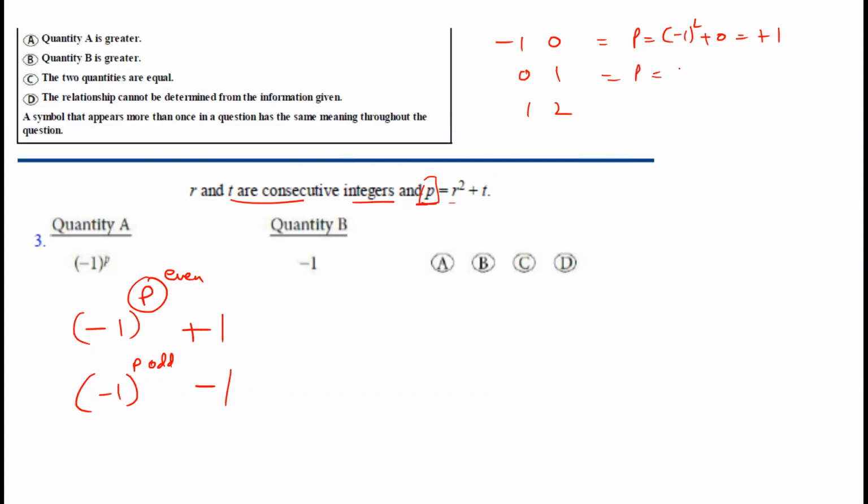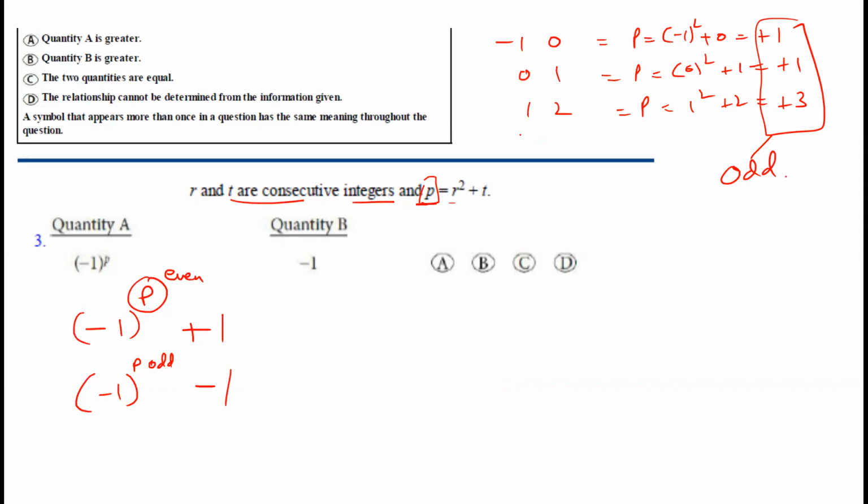Now let's take 0: this would be 0 squared plus 1, which will also be +1. And p equals 1 squared plus 2, this will be +3. Now, if you look closely, all of them are odd numbers.